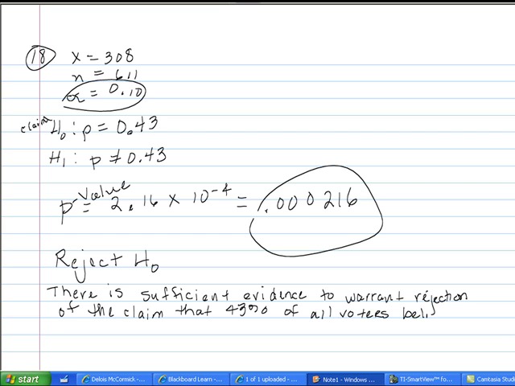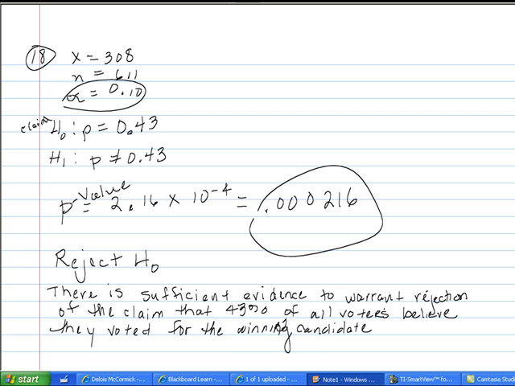Okay, write it so we can read it. So there appears to be, this was the actual number, and there seems to be a big discrepancy from what the people said and what actually happened.